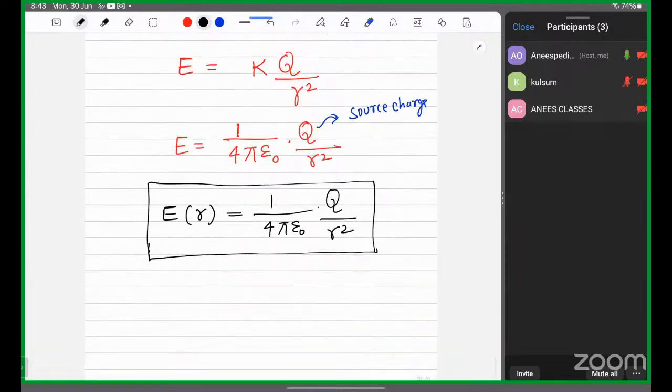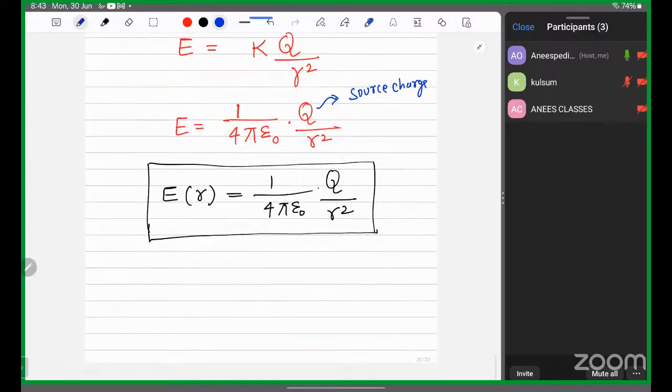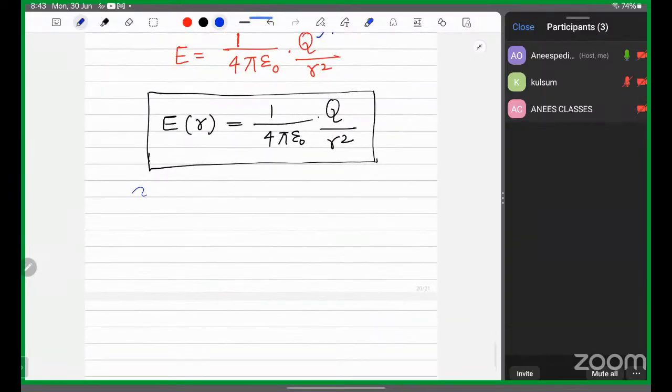If you look at the factors connected with electric field, the first point is that the electric field at any distance R is directly proportional to the magnitude of the source charge. Directly proportional indicates that the greater the magnitude of the source charge, the greater the electric field.